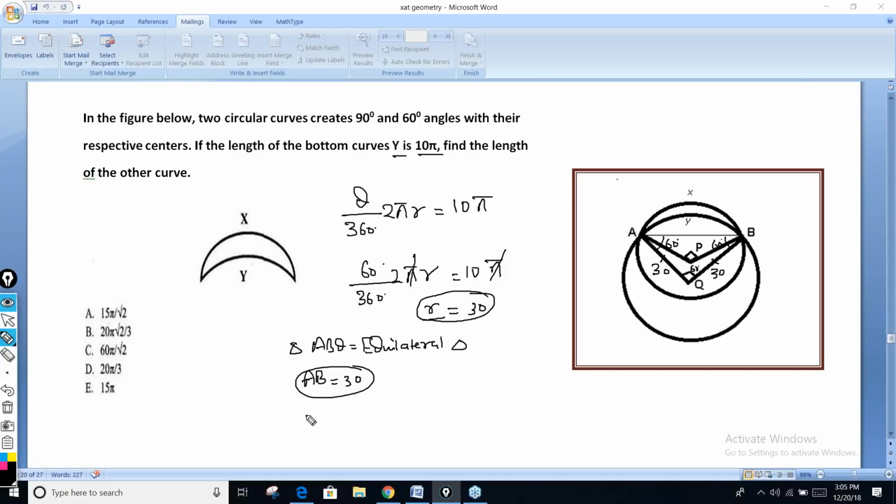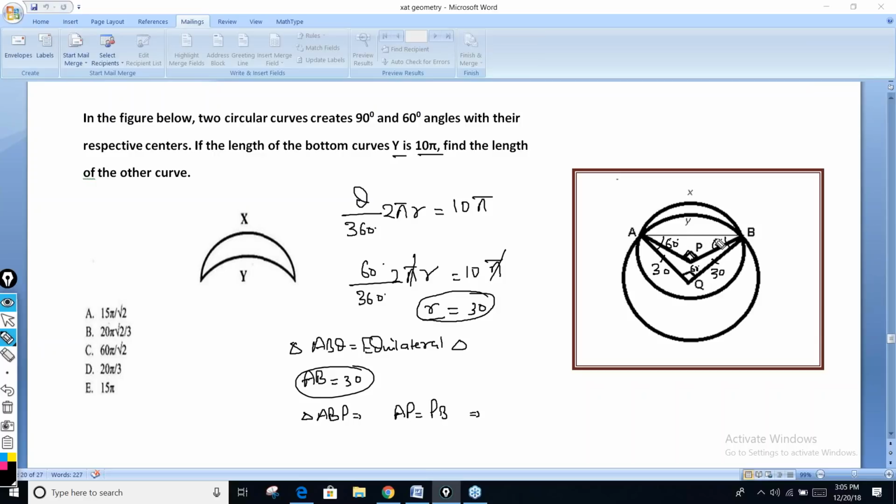Now look at the triangle APB. Can you see this angle is 90? If this angle is 90 and AP and PB are equal, the remaining two angles will also be equal.